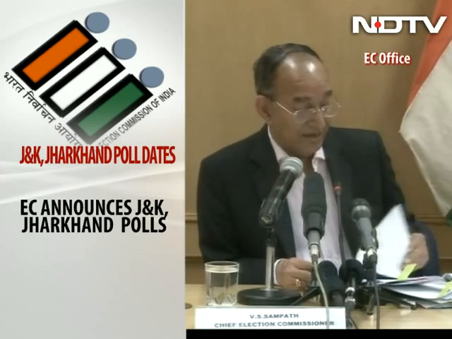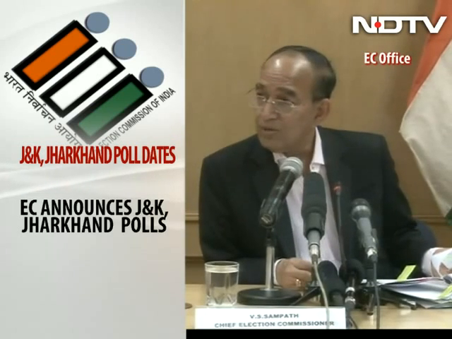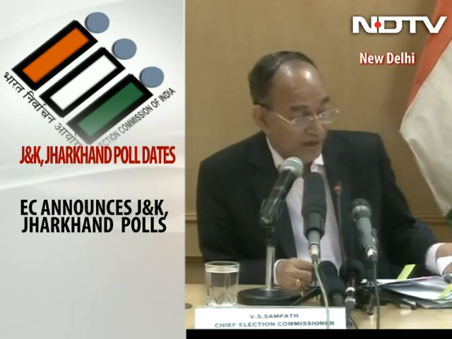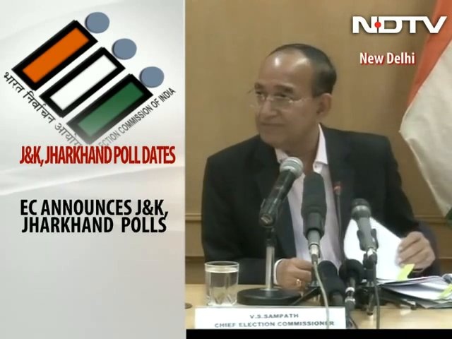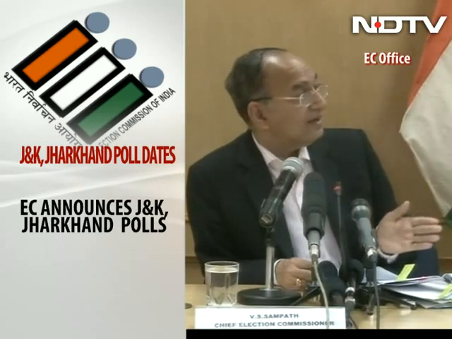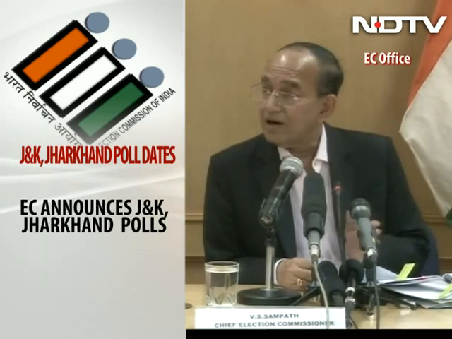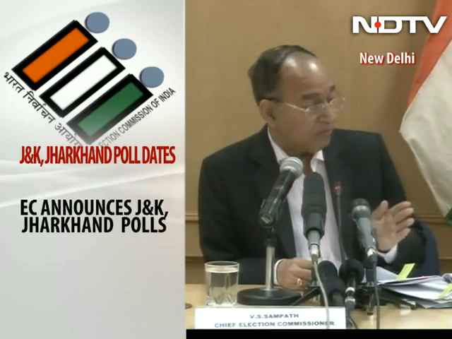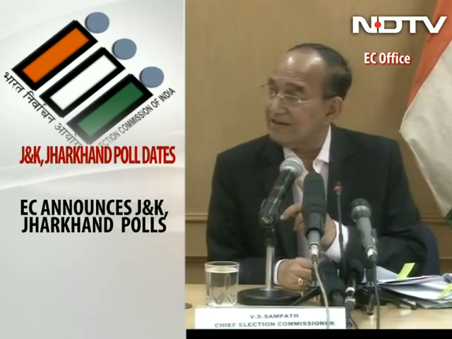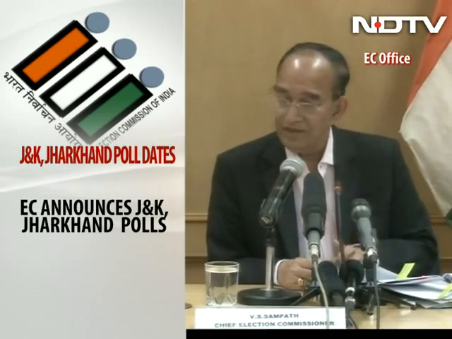These 3 assembly constituencies also will go to the polls along with phase 1 of Jammu and Kashmir. While the phasing dates etc. are common mostly for both the states, variation is only in respect of date of notification for phase 1.